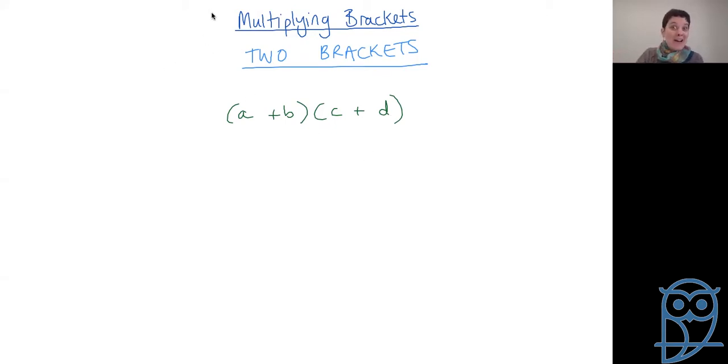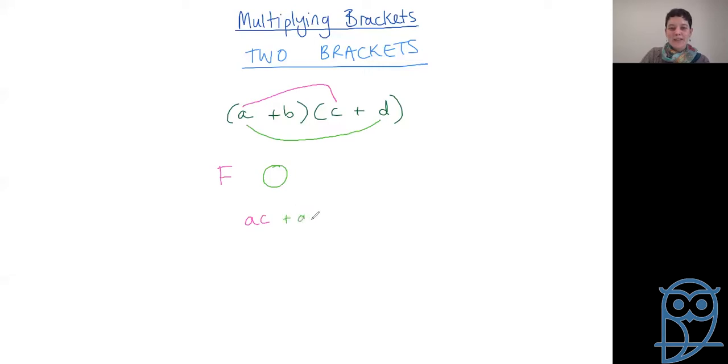So using a rainbow of colors, F in the FOIL stands for first. So we would do A times C. Our next is O, and O stands for outer.